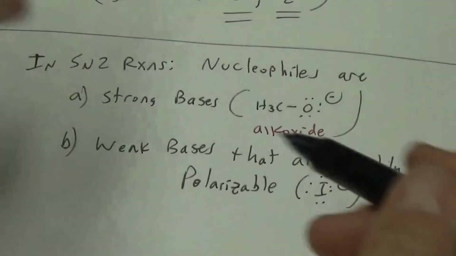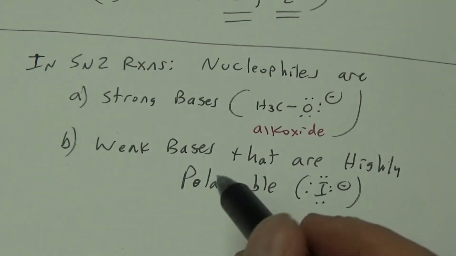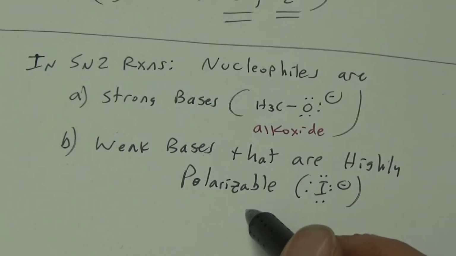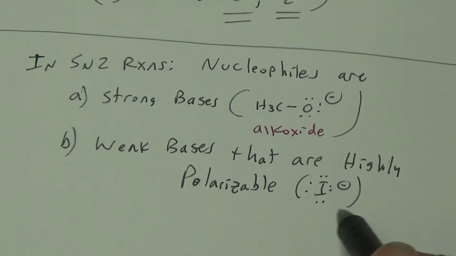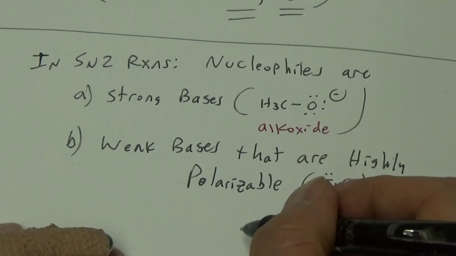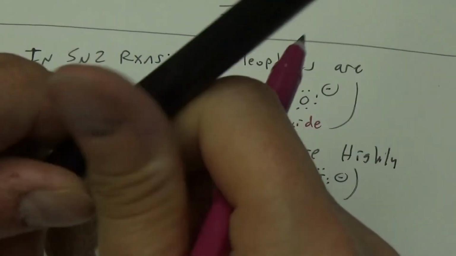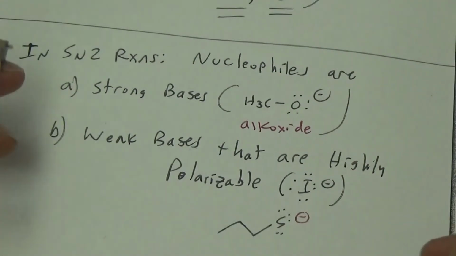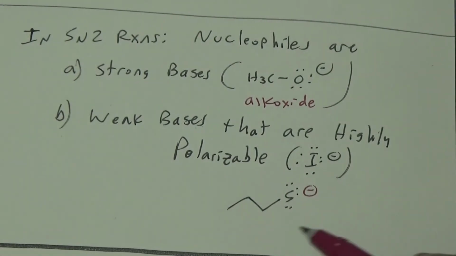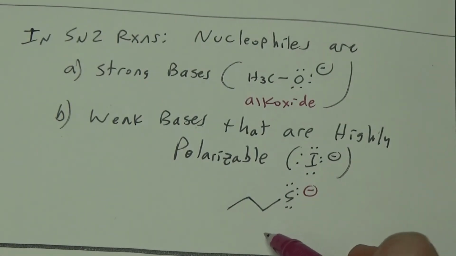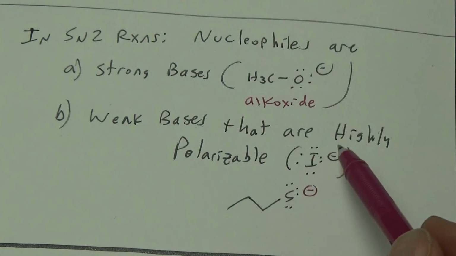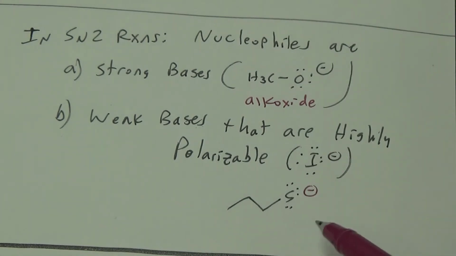The other things that are highly polarizable, what did we say are the polarizable things? Those lower on the periodic table. So, for example, sulfur with a negative charge on it, that's a wonderful, highly polarizable nucleophile. Wonderful SN2 nucleophile. Very weak base, highly polarizable. So, what's underneath sulfur?